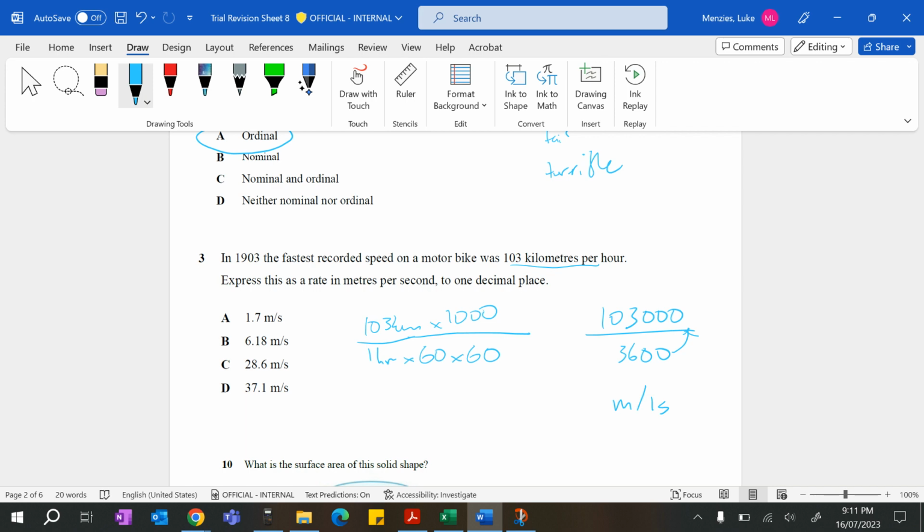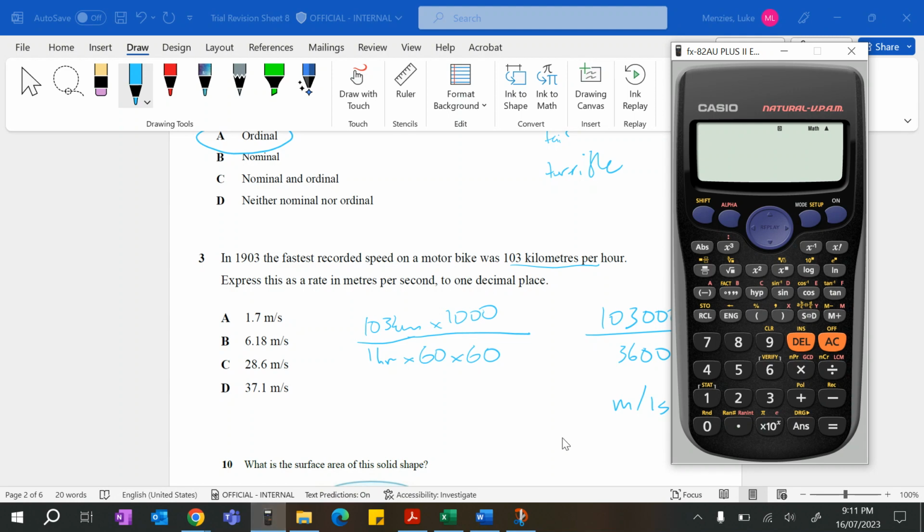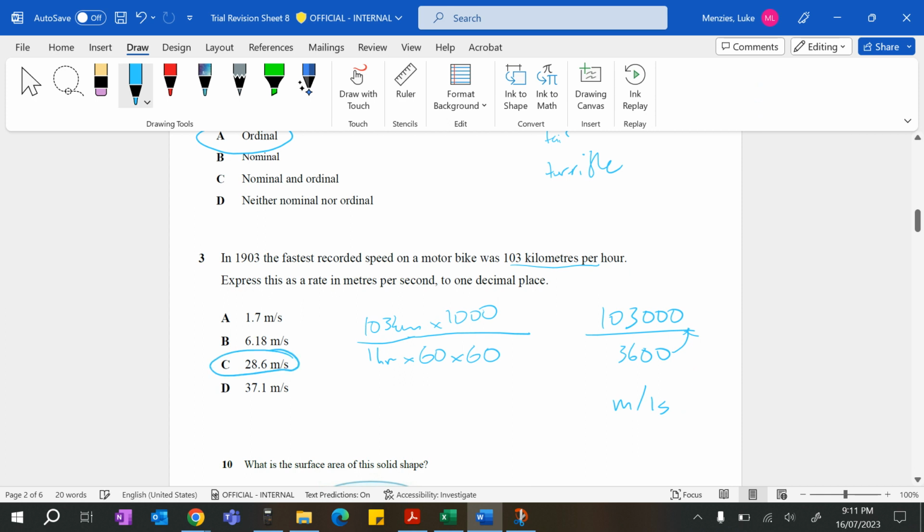When you do it in your trusty calculator, I did 103 over 3,600 times 1,000, hit my S to D button, 28.6, and there is my answer for that one.